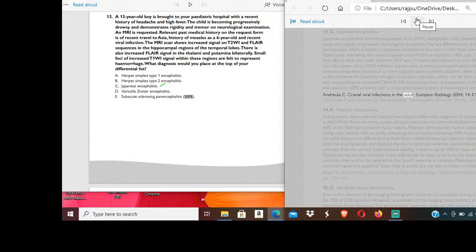Andrula C. Cranial viral infections in the adult. European Radiology 2004, 14, E132, E144.